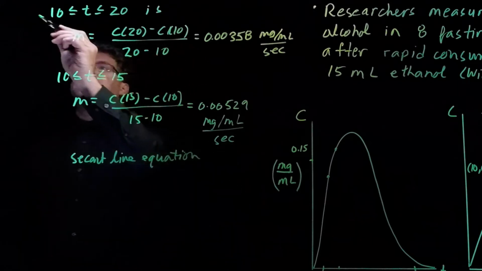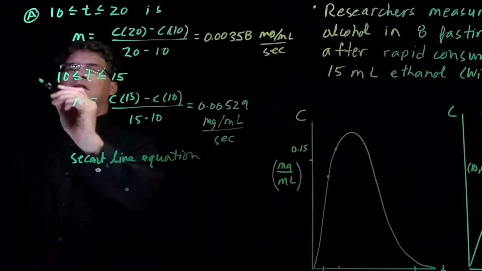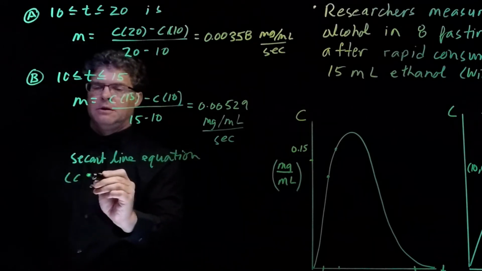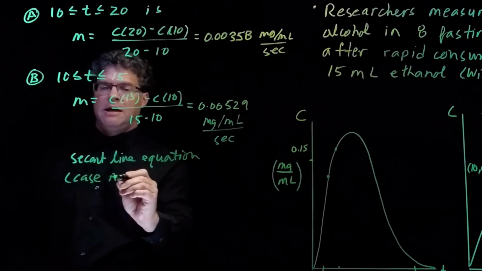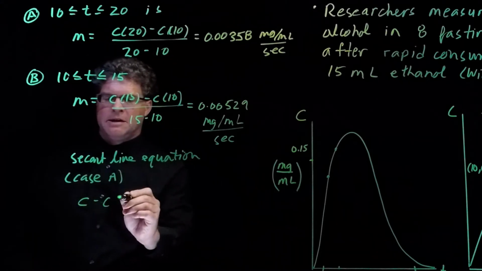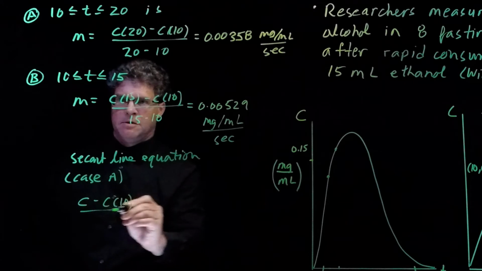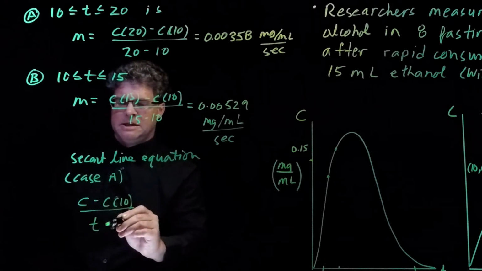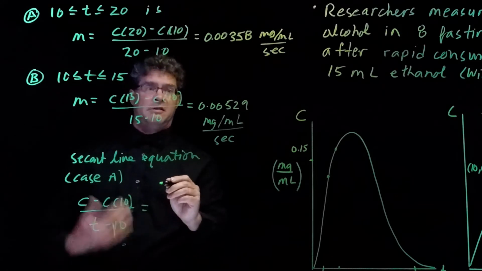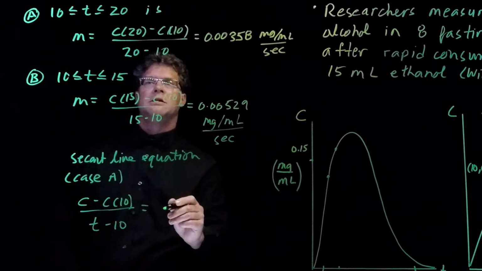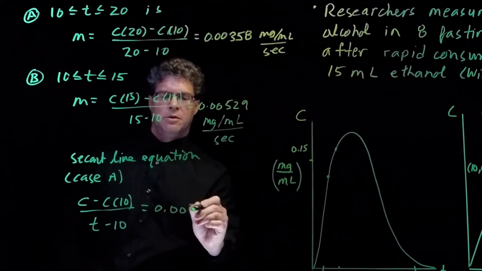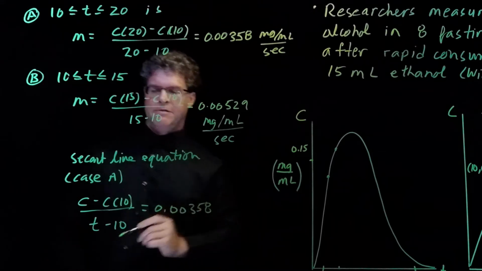We'll call this case A and this case B. And so we'll do the secant line equation for case A. It's simply C minus C10 divided by t minus 10 is equal to the slope, which is 0.00358.